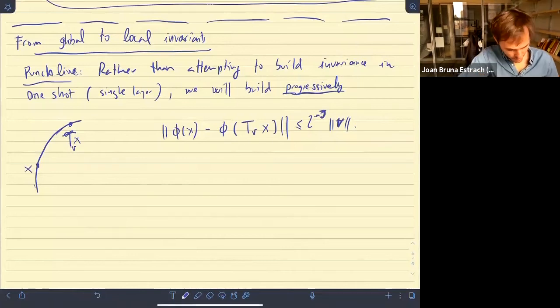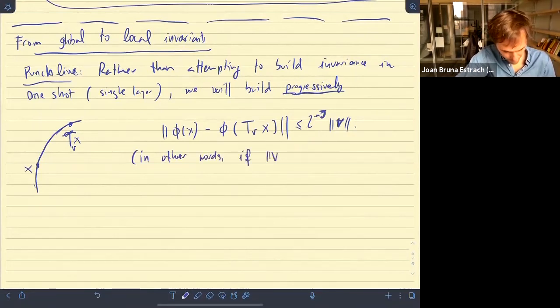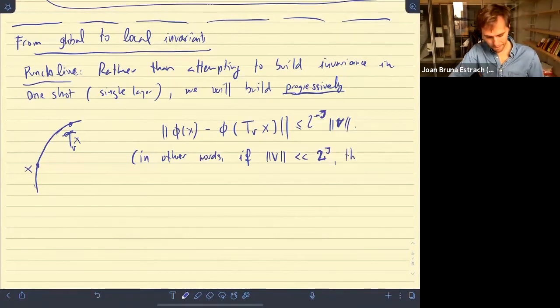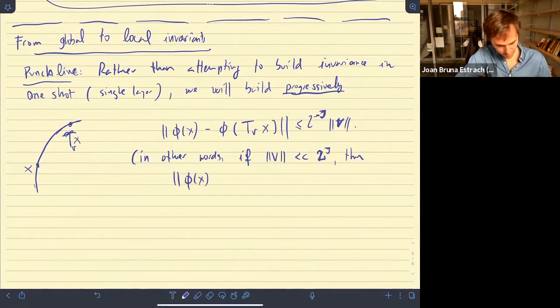In other words, if v is much smaller than 2 to the j, then these representations should be close to each other.